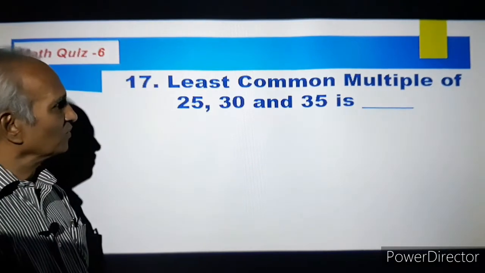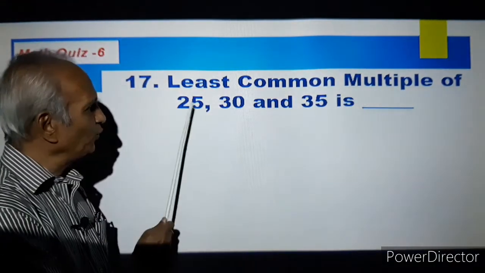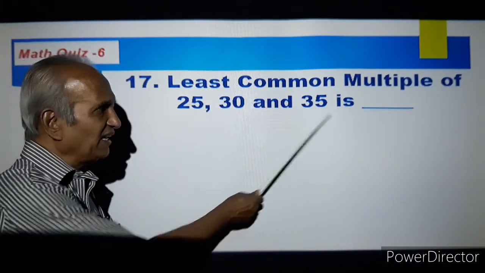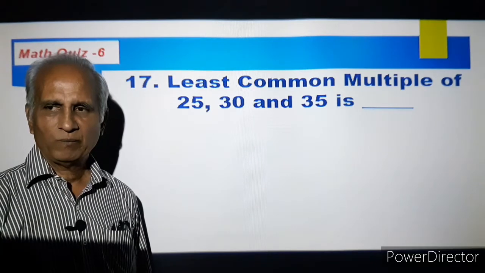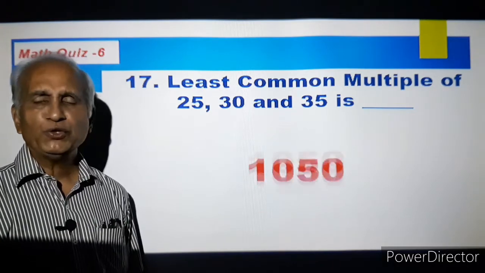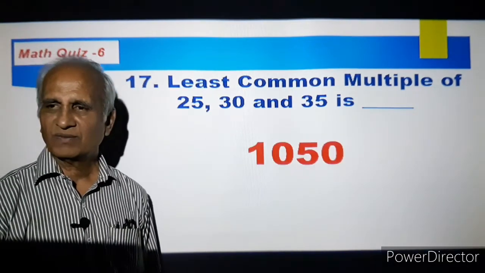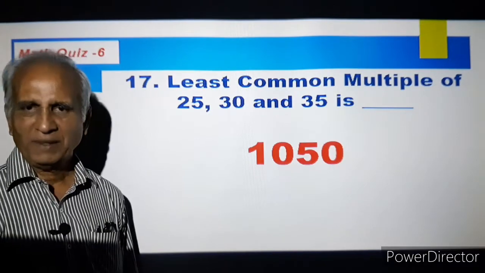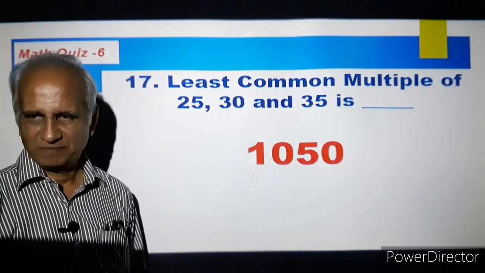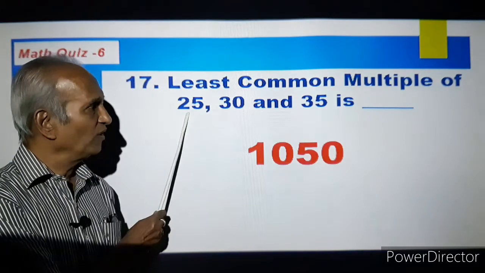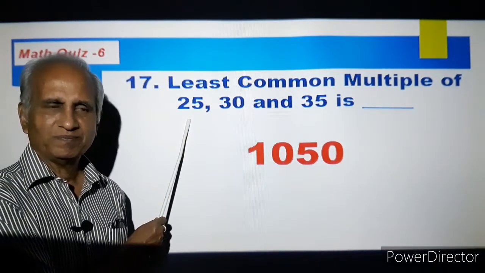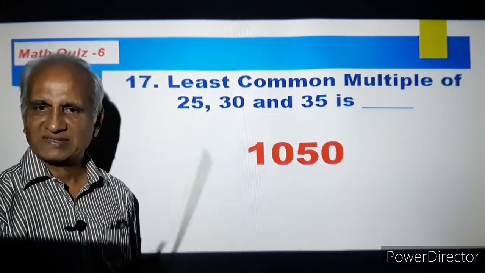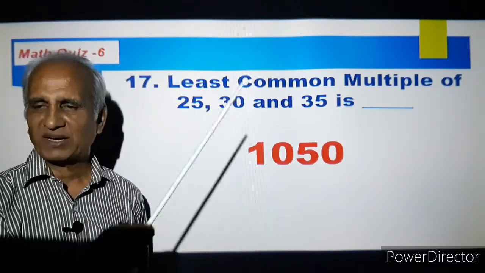Next, least common multiple of 25, 30 and 35 is... To do this mentally is a bit challenging, but just analyze it. 25, what are its factors? It is 5 into 5. 30, 5 into 6. 35, 5 into 7.